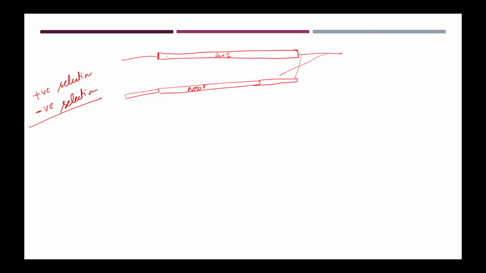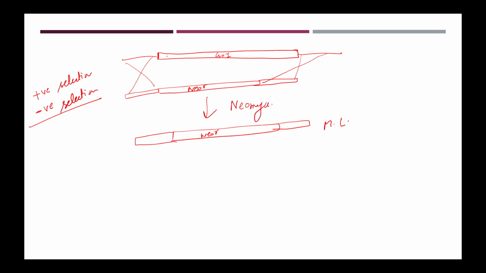With the help of crossover, it will be knocked out. Neomycin resistance gene will come in place of my gene of interest at the modified locus. Okay. So there what you will do, you select it by giving neomycin drug.